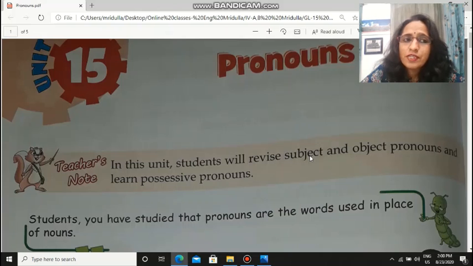When you talk about something that you own or possess, it is called possession, right? So that is possessive. So when you have the subject and object concept clear, now in the process of this lesson we'll learn what a subject pronoun is, what object pronoun is, and what possessive pronoun is. Alright?